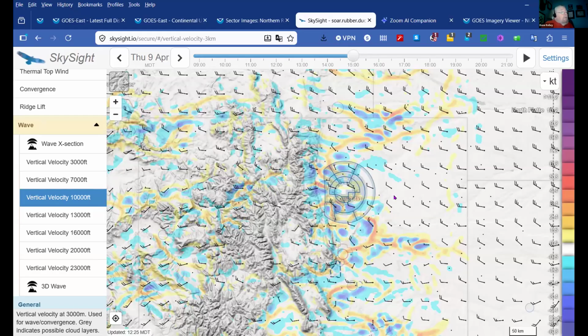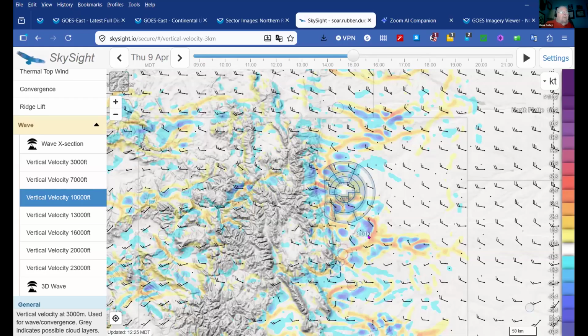There are conditions where a wall of clouds, in addition to generating a convergence line, can also generate ridge lift off of the cloud, and the clouds, if they're the right height and the right density, can actually be sufficient obstruction to the flow of air that they can set up wave on the downwind side of the clouds.